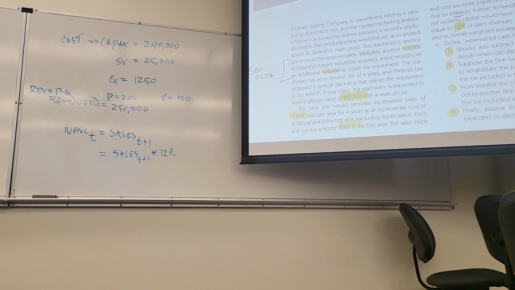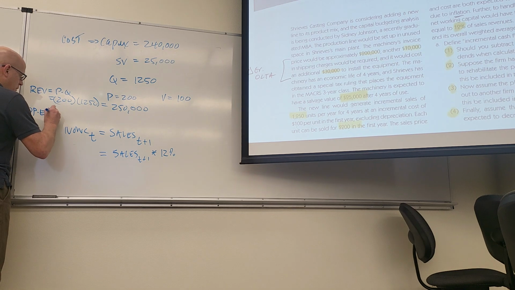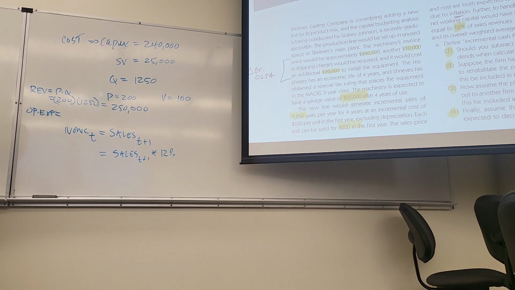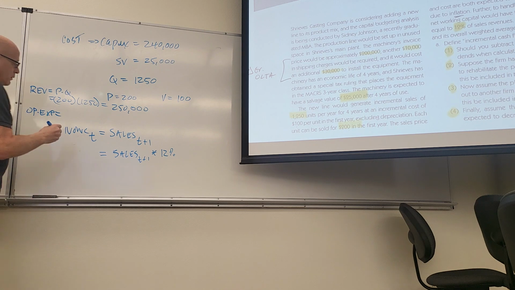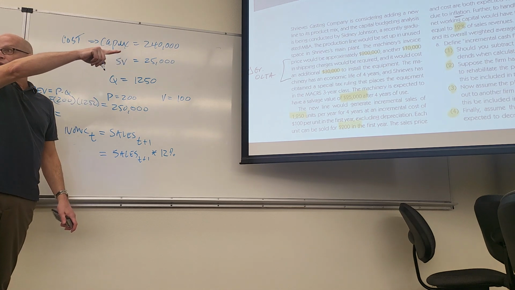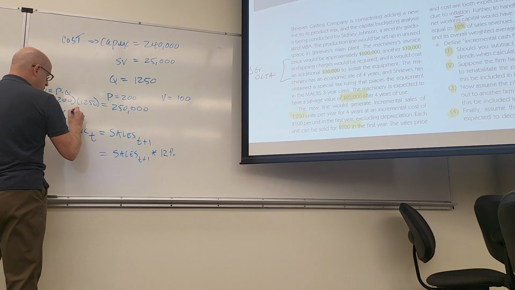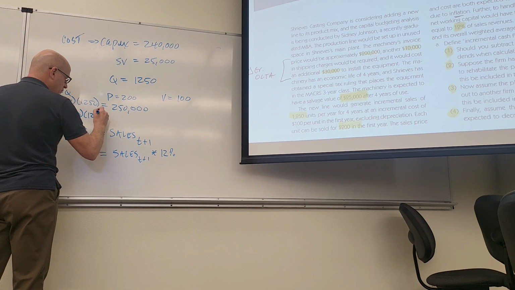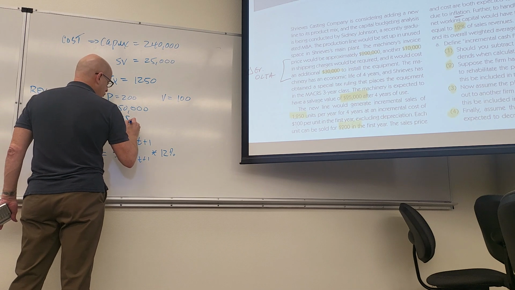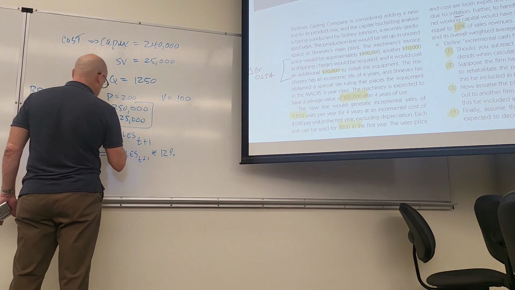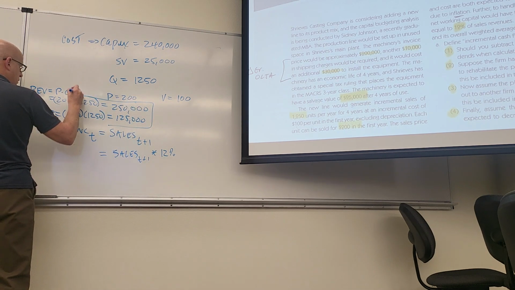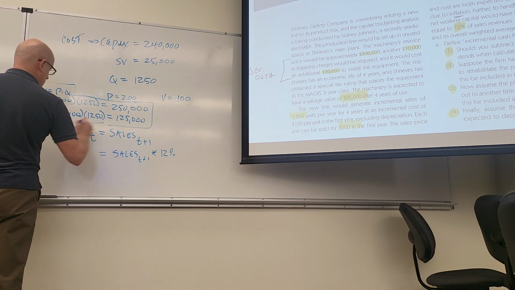So there's that. Our operating expenses. So variable cost, right? This is our variable stuff. I didn't see any fixed cost up here, so that's 0, okay? So here, we've got 100 a unit times 1,250 units. That is $125,000. So there's those.